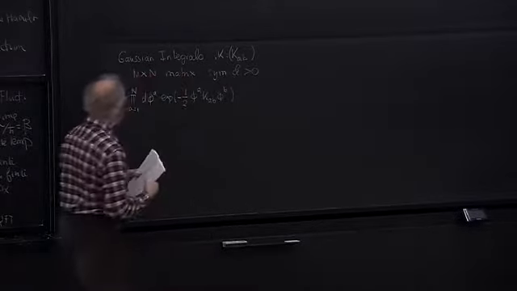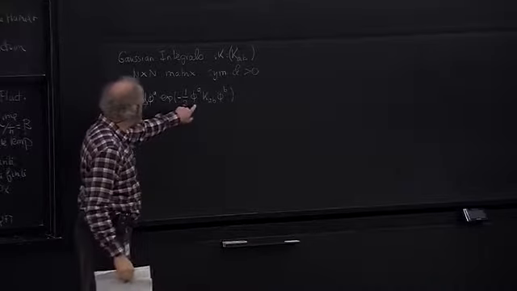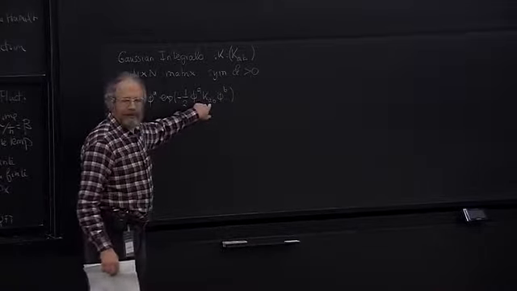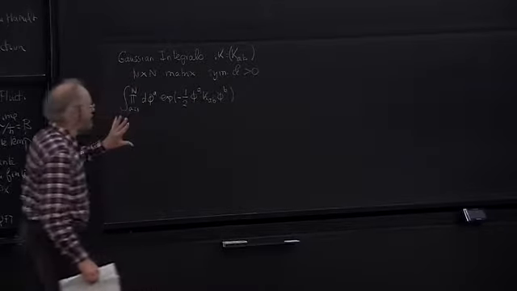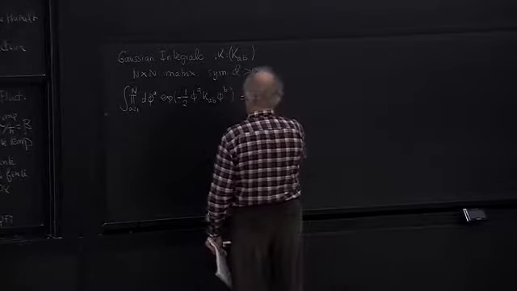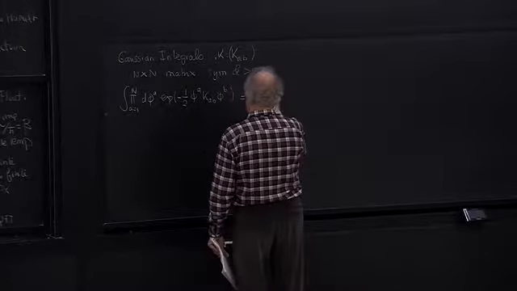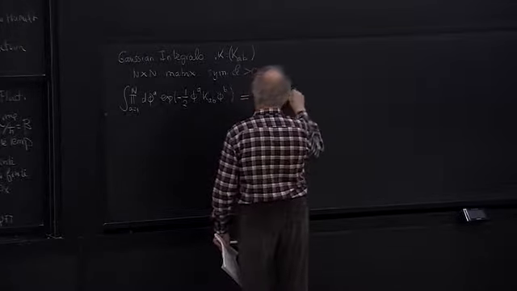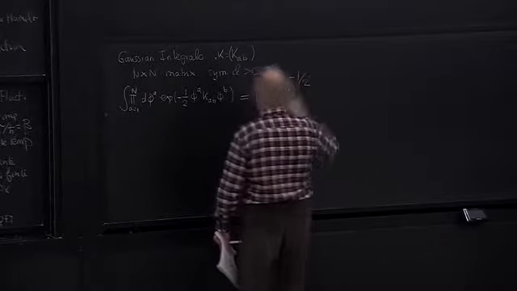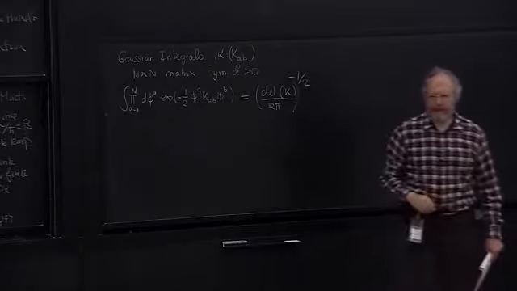So this is exponential of -1/2 the scalar product of the vector phi with this form. Okay, that's a typical example of a Gaussian integral. Well, this is known to be the determinant of the matrix K divided by 2 pi, to the power -1/2. That's a standard result of Gaussian integral.